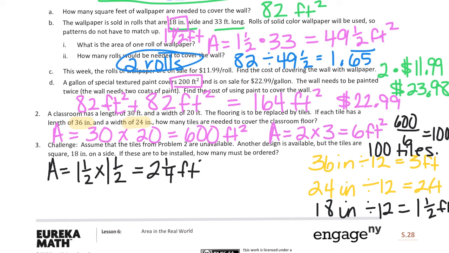So these don't cover as much area as the others did because the other tiles covered 6 square feet. So now I'm going to take the 600 square feet that I have to cover and divide that by the 2 1/4 square feet to find out how many tiles I need. So 600 divided by 2 1/4.